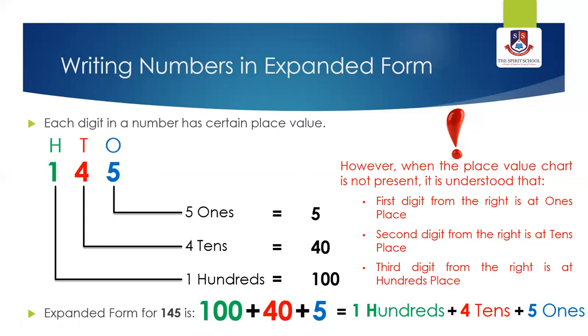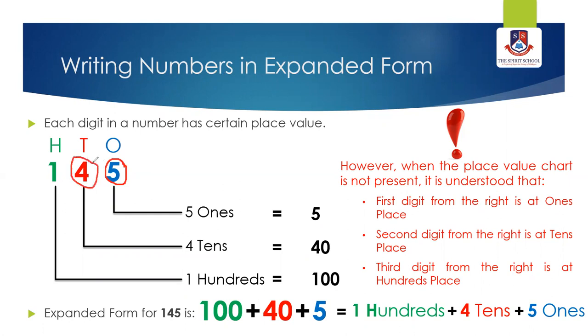So remember that the first digit from the right, here 5, is at the ones place. Always, the first digit from the right is at the ones place. Now moving to the second digit. The second digit from the right is at the tens place.